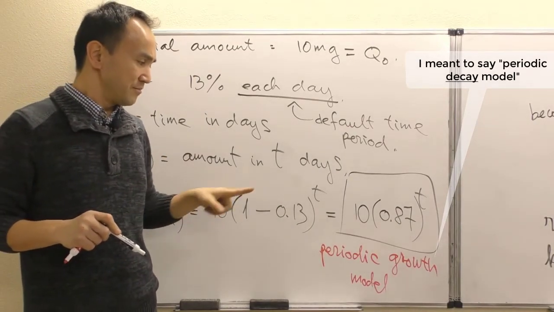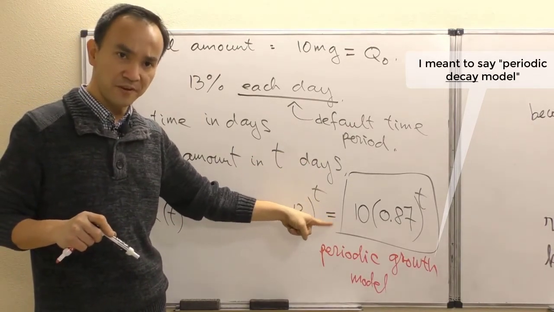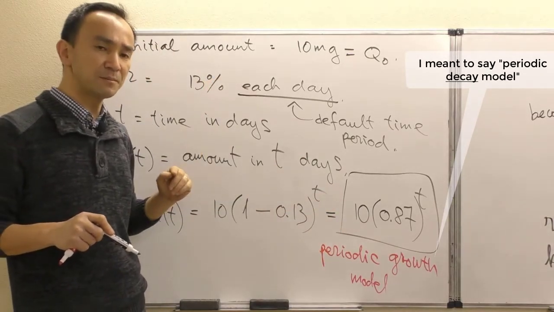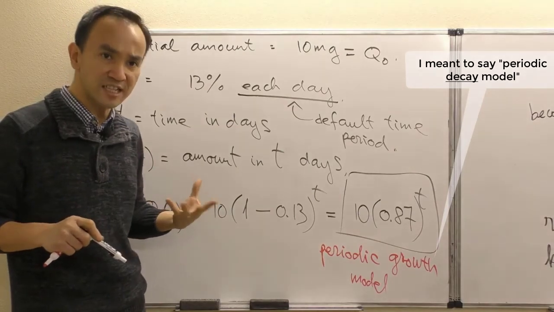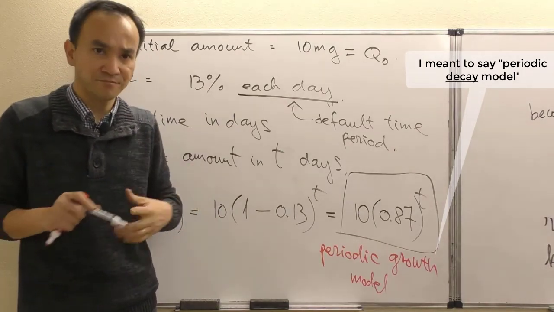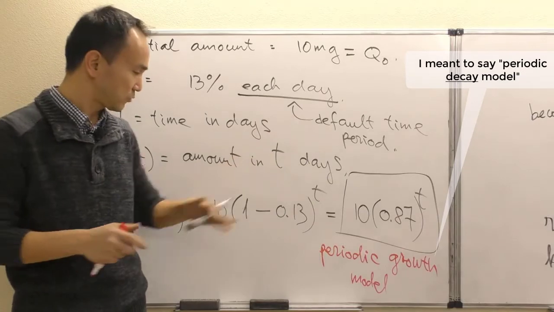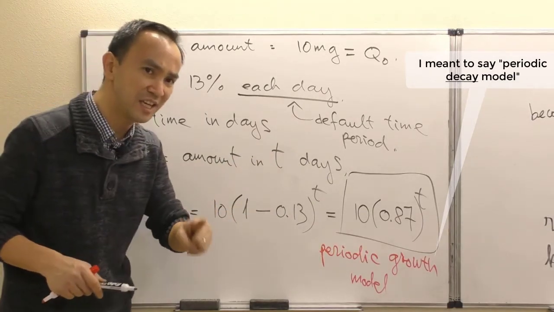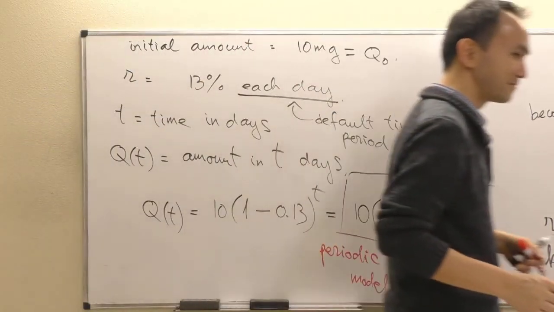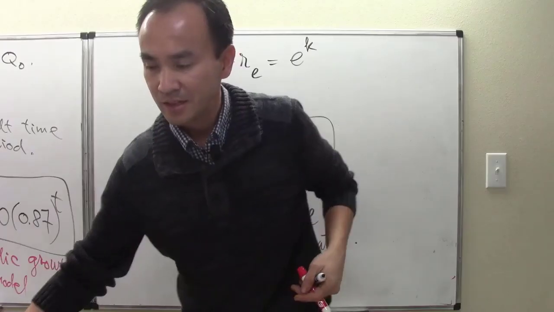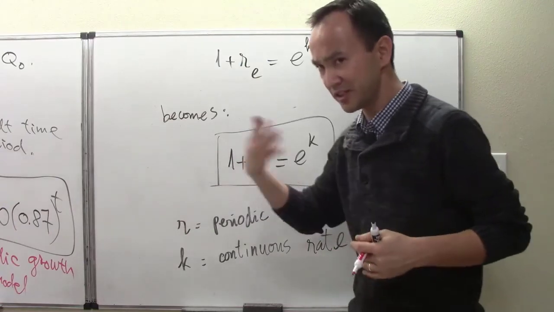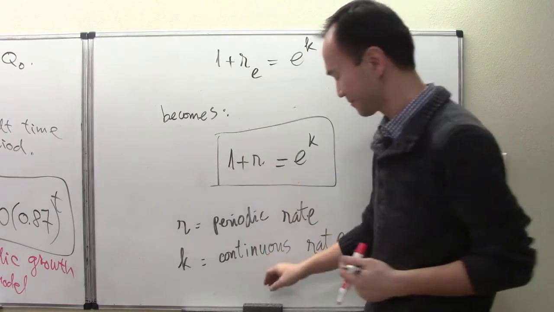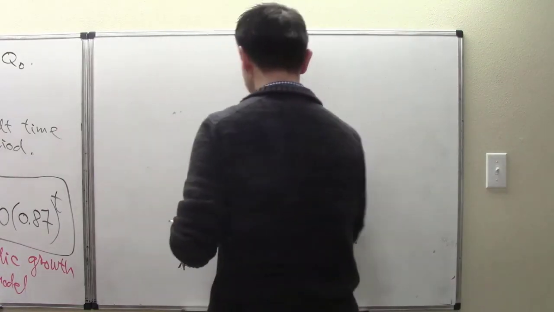Now, once we finish writing one formula here, which is a lot more direct because it comes straight out of this periodic rate, what if we desire to re-express the same Q of t as a function in terms of base e? So now I'm putting that in a way that we want to write it in terms of base e. Okay, so now let's see how.